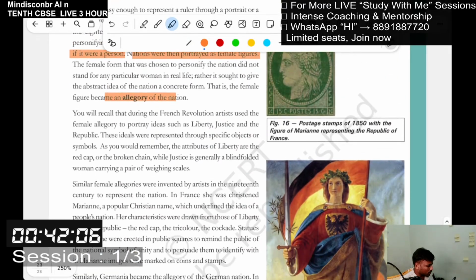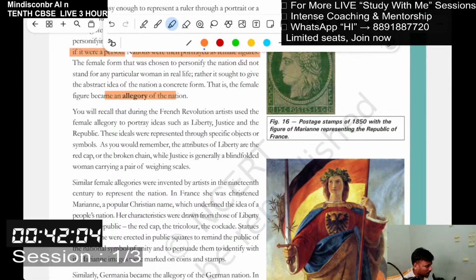You will recall that during the French Revolution, artists used the female allegory to portray ideas such as liberty, justice, and republic. These ideals were represented through specific objects or symbols.